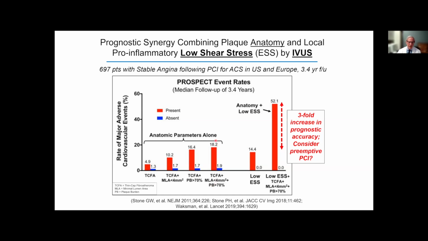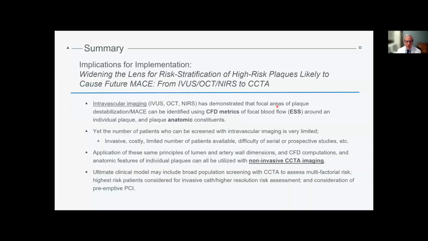And if we take those exact same parameters, same exact plaques, and simply compute the shear stress environment within which each plaque is located, if we add the anatomy and the low shear stress, we can triple the predictive accuracy of that particular plaque to cause trouble, and perhaps put up consideration for a preemptive PCI to prevent that plaque from playing out its adverse outcomes.